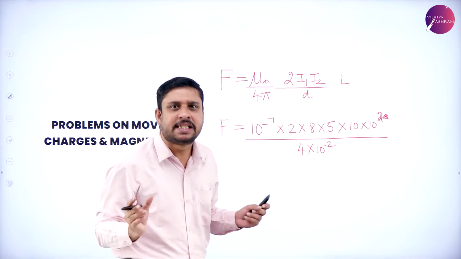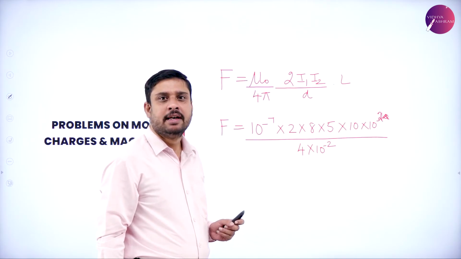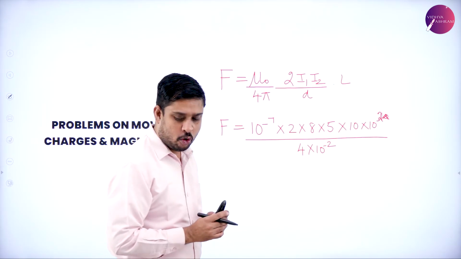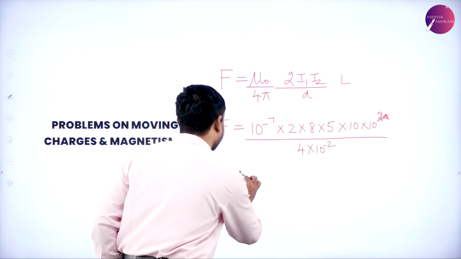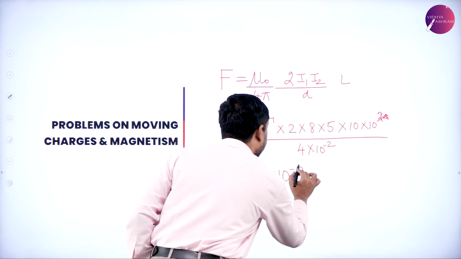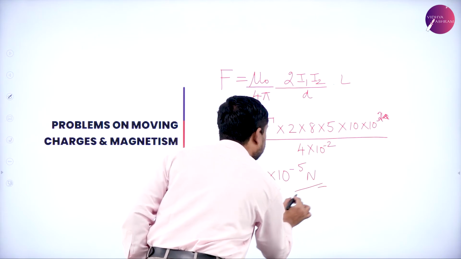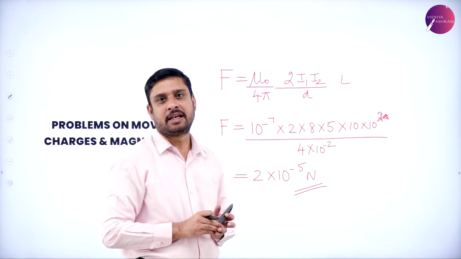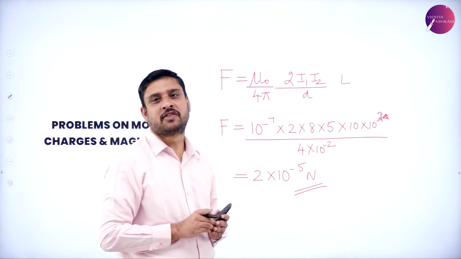Again a very simple simplification, left to you all. So what does force turn out to be? This is 2 into 10 power minus 5 Newton. So much is the force acting on that section of the wire.